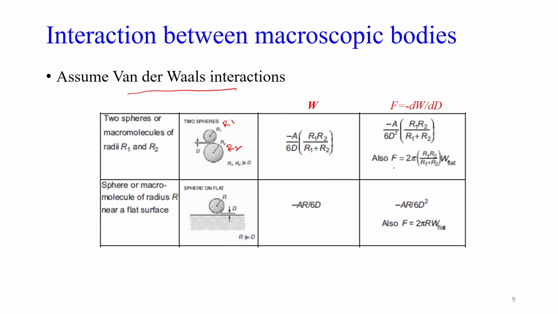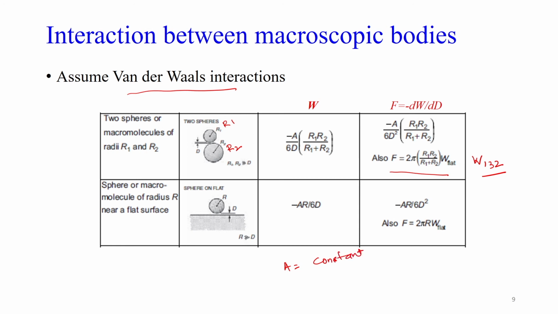Force can also be calculated, if W132, the work of adhesion, is known, from 2 pi into the work of adhesion into r1 r2 divided by r1 plus r2. So, this is particularly if we are considering two hard spheres, or two macromolecules of different radii r1 and r2. Here A is the constant.